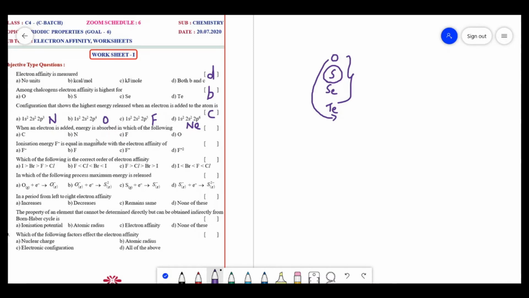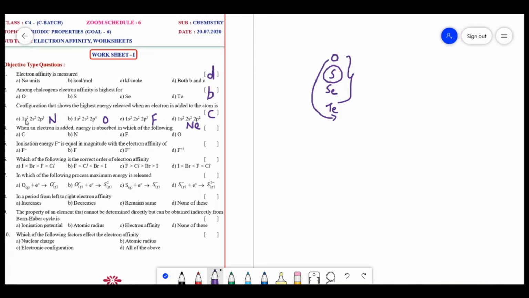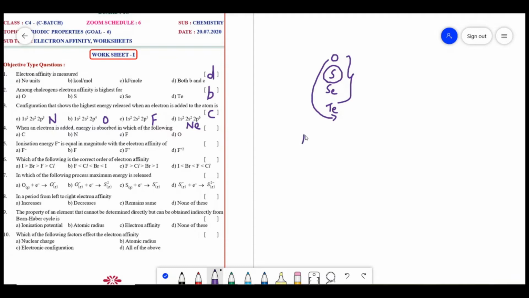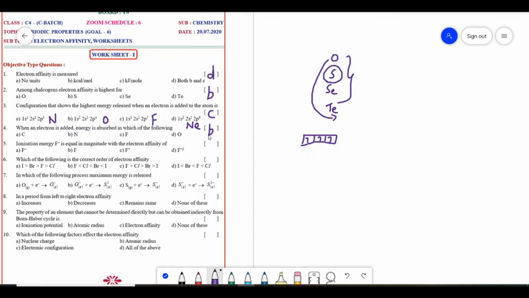So among these, any element with a half filled or completely filled configuration will not readily take electrons. So see this nitrogen, 1s2, 2s2, 2p3. So 2p3 means half filled. On the p orbital, only 3 electrons are half filled. So the answer is B. So the answer is nitrogen.